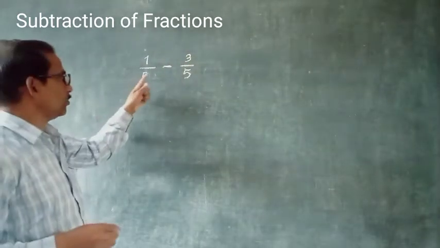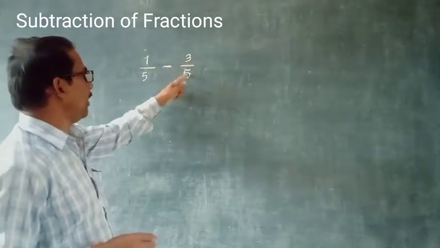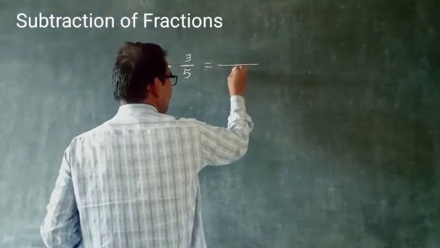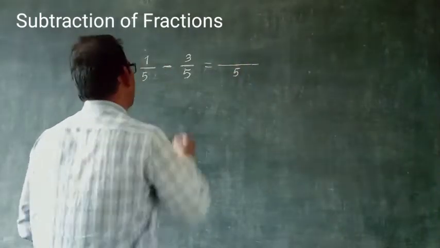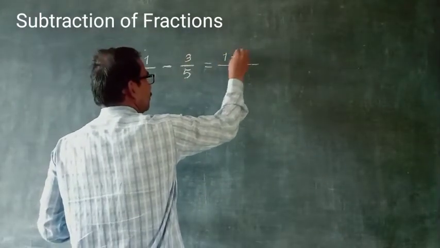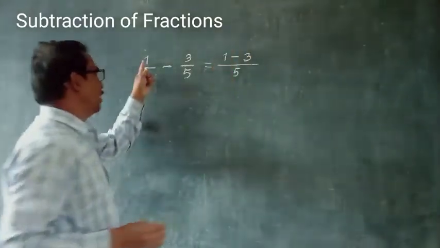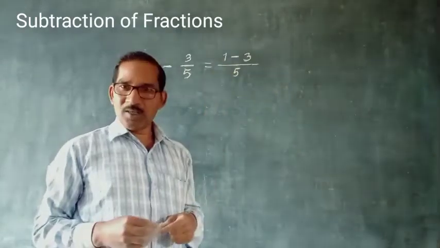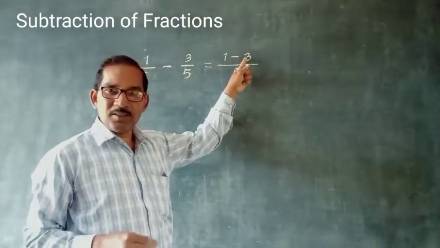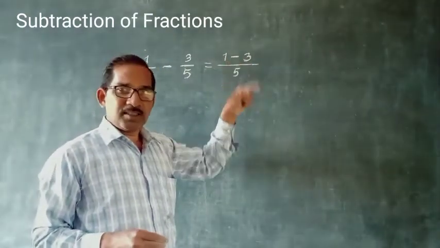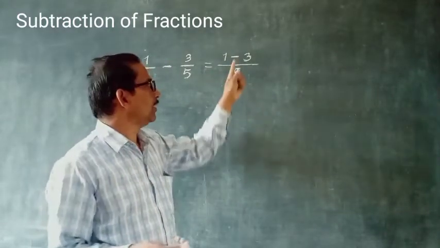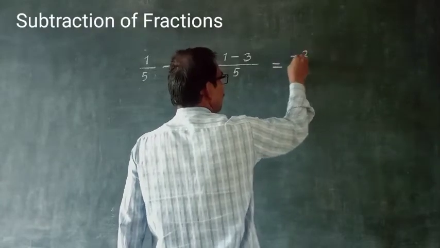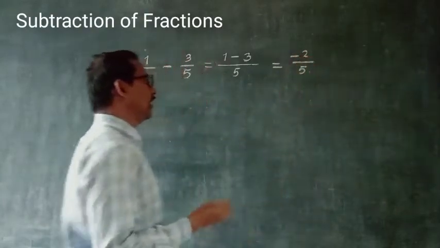If you are asked to subtract 3 upon 5 from 1 upon 5, then it is the same, denominator is same, and you have to subtract the numerators. 1 is a small number, 3 is a big number, so it is not subtracted simply. If we subtract, then we have to put a minus sign, that is minus 2 upon 5.